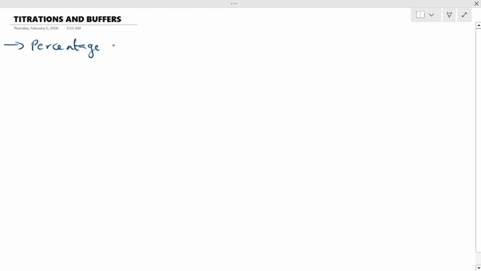So percentage is a part of a whole number or integer, and the whole in this case implies 100%.